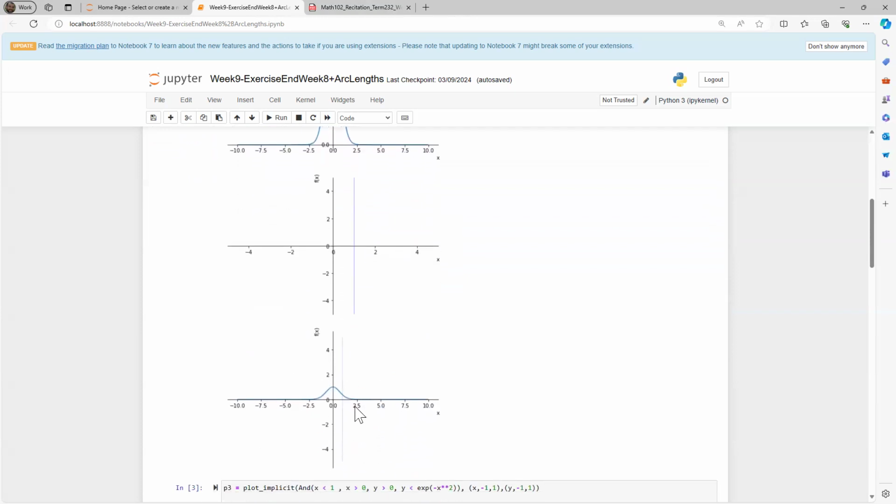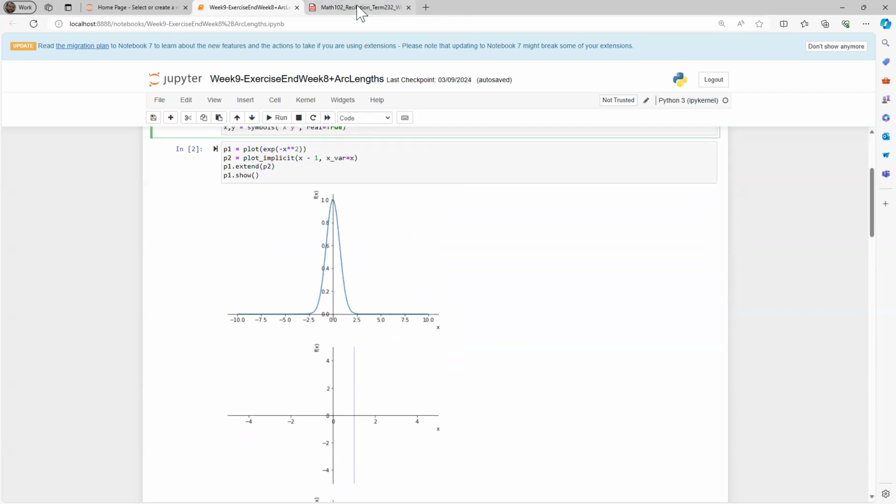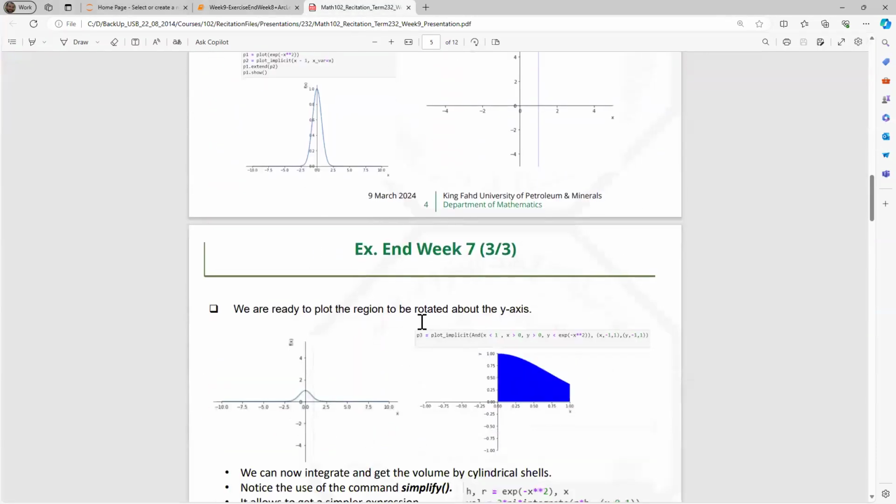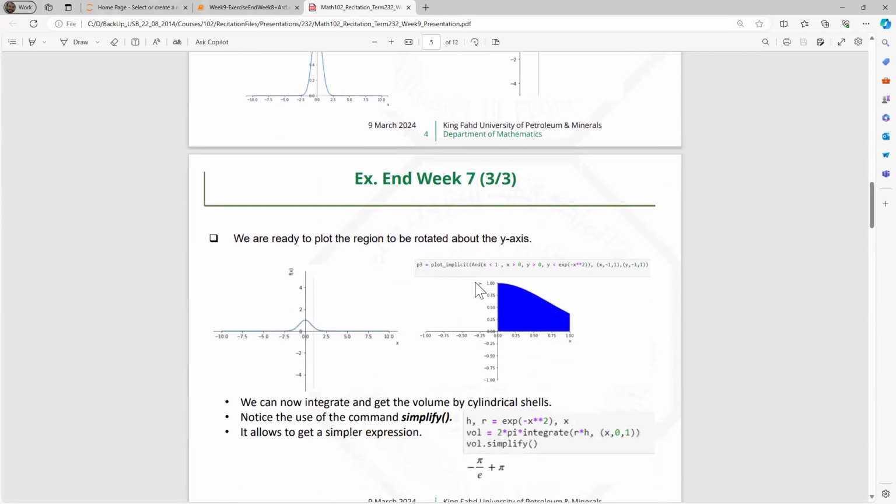So here it is. Okay, so in the next slide, we are ready to plot the region to be rotated, which is bounded by the y-axis, x equals 1, and our graph. To do this, we use P3, which is the implicit plot, which takes into account these conditions: x less than 1, x greater than 0, y greater than 0, and y less than e to the power minus x squared.